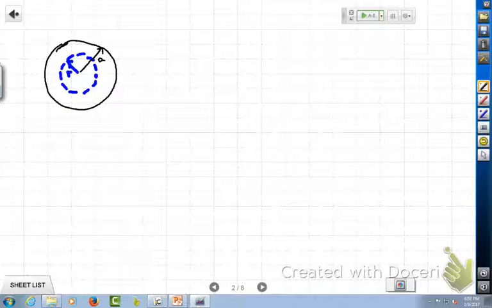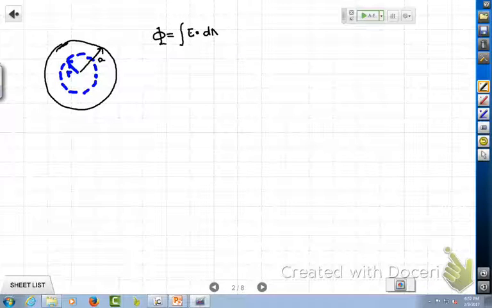Using the method of Gauss's law, the integral of E dotted with dA is equal to the Q inside my Gaussian surface over epsilon naught.